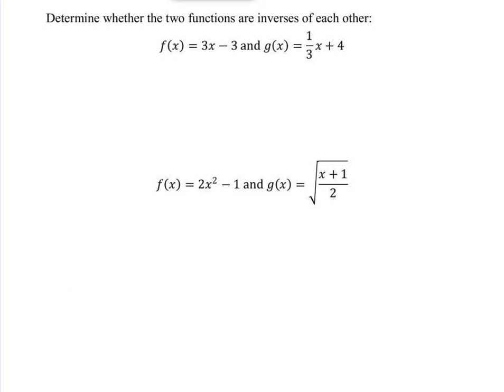So let's go ahead and do these. What do we do? Oh, f composed of g of x.